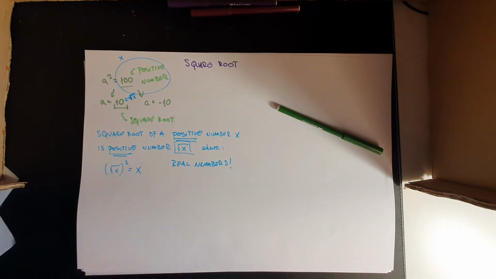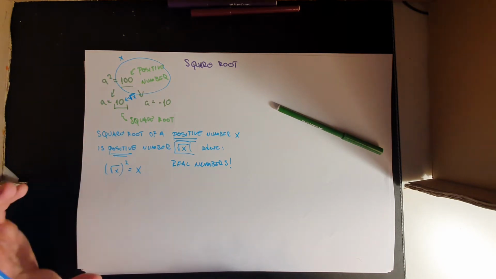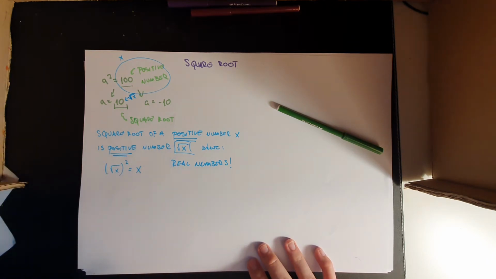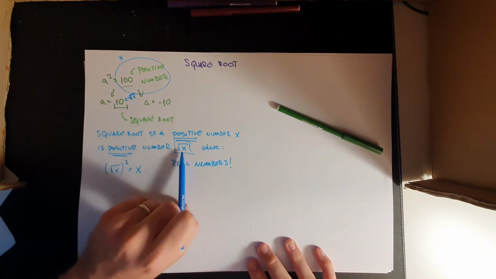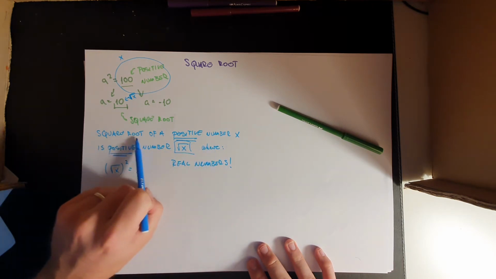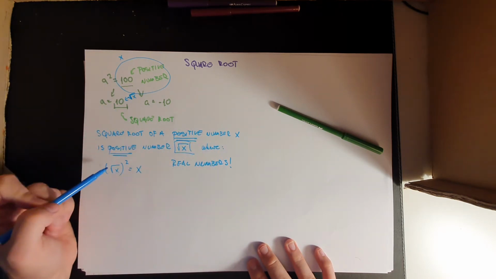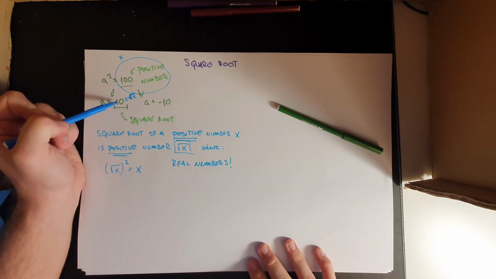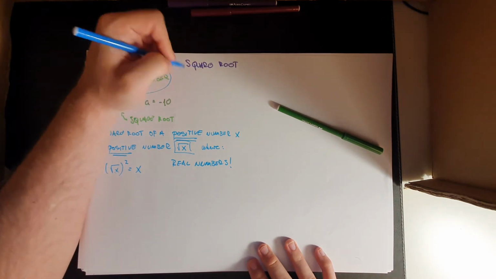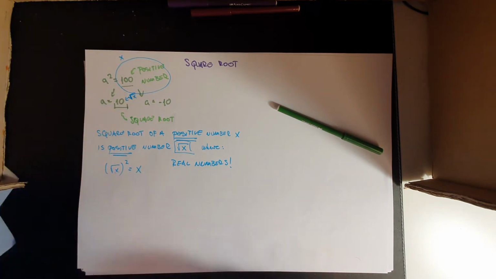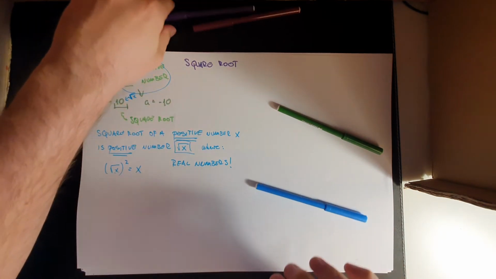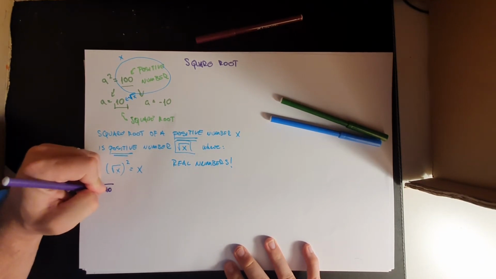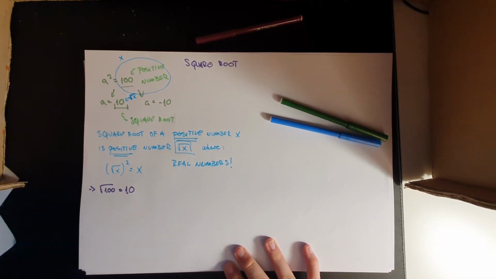Now there are some consequences considering the root itself. First of all, the root has to be a positive number. Second thing is that the x itself, this is the root of a positive number, so the x inside of it, this is the 100. So if I look at it like this, the square root of 100, I can now apply it. So the square root of 100 will give us the 10.